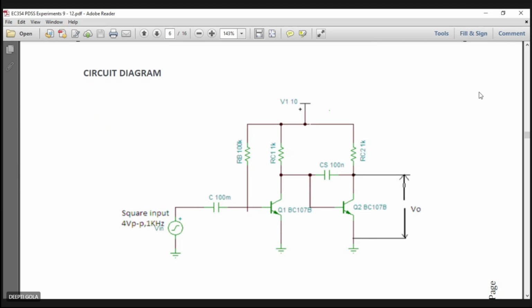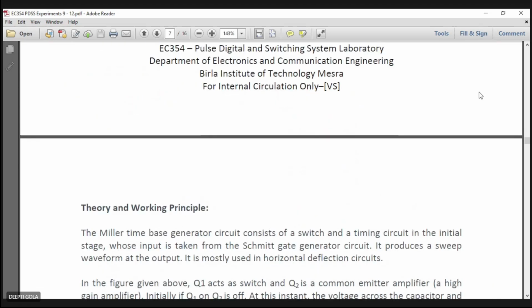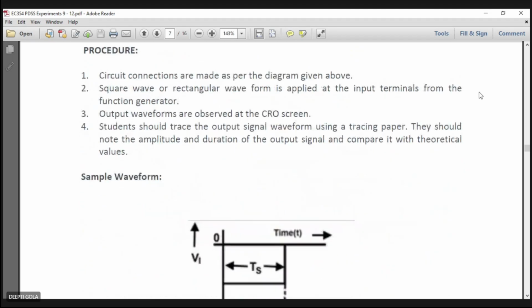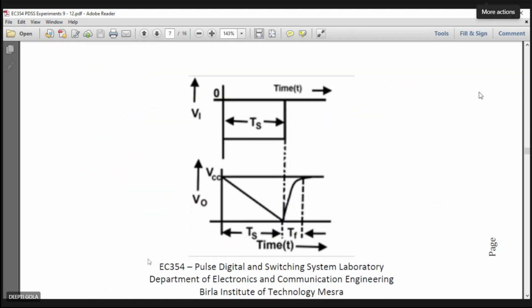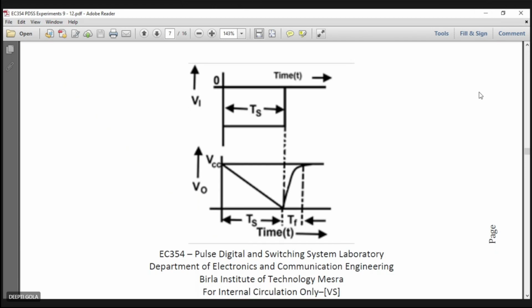The output is also given. You can see the output is linearly decreasing. In the bottom figure, Vout is given with respect to time, and with respect to time V naught is decreasing linearly.